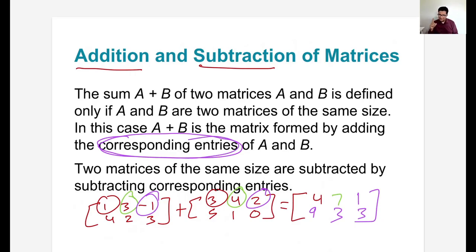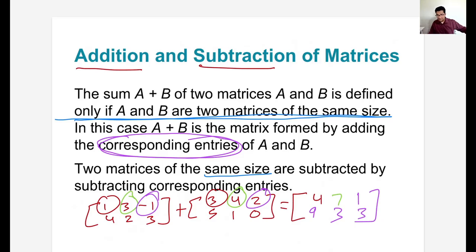That immediately means you cannot add if they don't have the same dimensions. Two matrices of the same size. They can only be defined if they have the same size, otherwise you cannot add matrices. That brings me to one of the questions I was posing earlier.